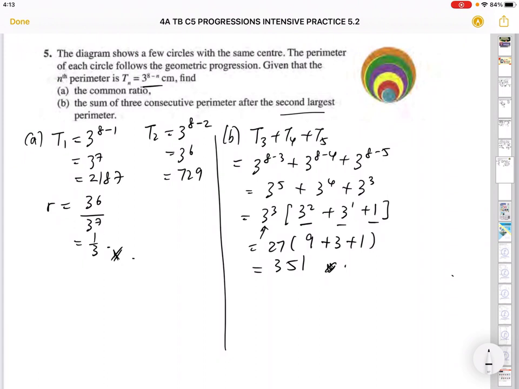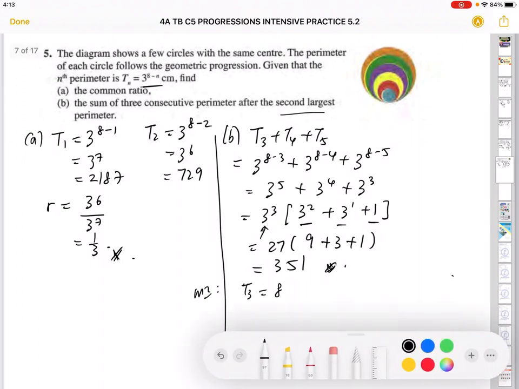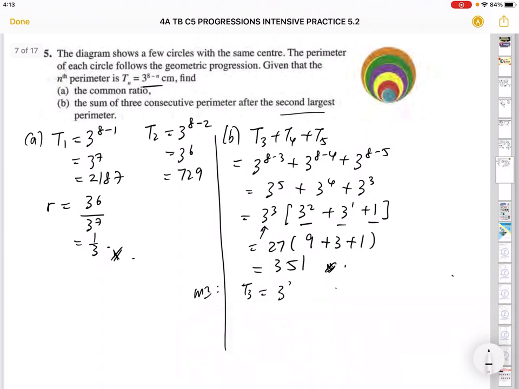For method 2, I will just find T3, which is 3 power 8 minus 3, which is 3 power 5, a big number, 243.